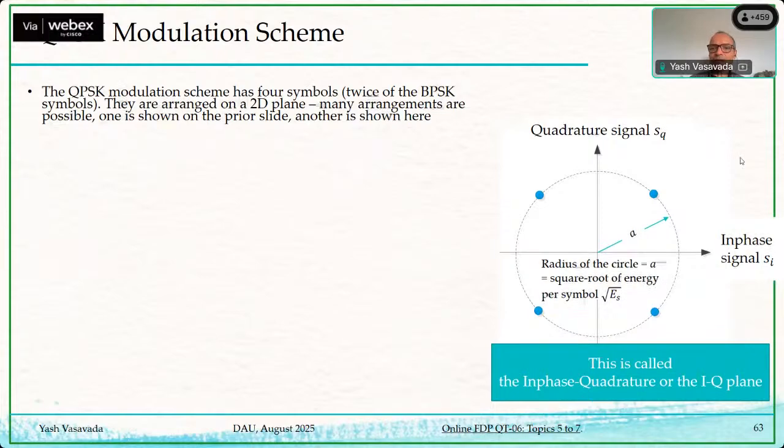The main idea is that there should be 4 different symbols, and these 4 symbols should be separated by 90 degrees on a unit circle, meaning that all these 4 symbols should be at the same distance of A, or square root of ES, from the origin, and you go from one symbol to the next along this circle by adding 90 degrees. That is why it's called phase shift keying. You are shifting the phase. Okay.